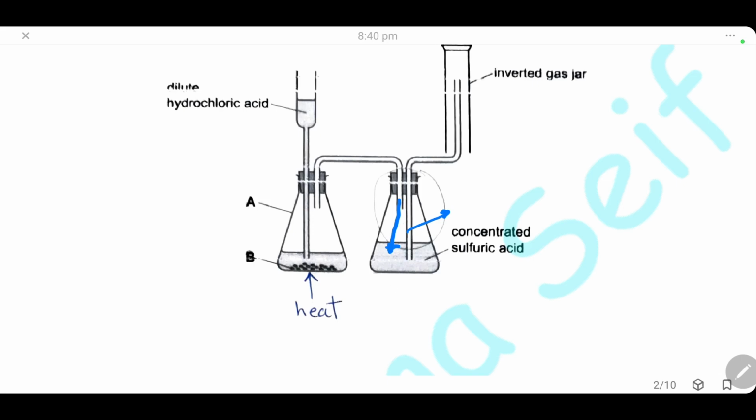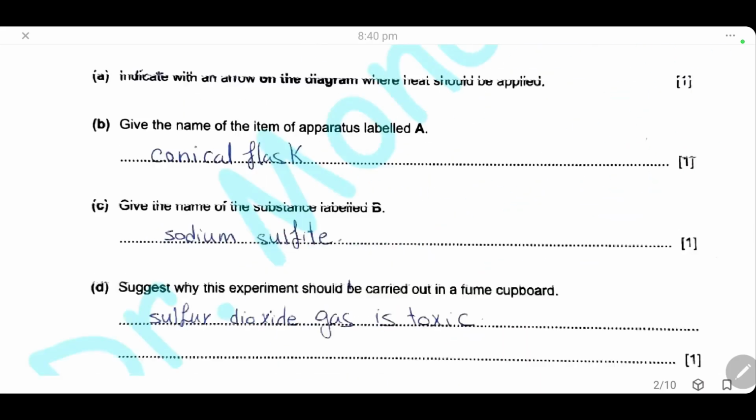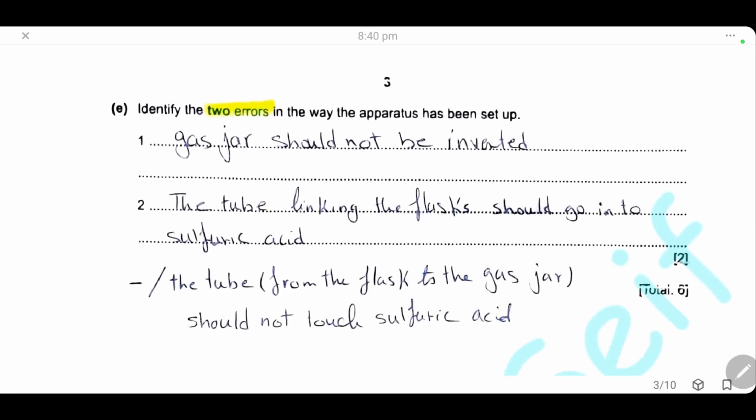So the position of these two tubes should be reversed. This is the second error. We can write either of them or both of them.